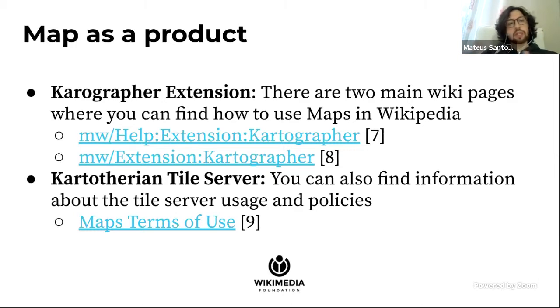But we also have the Kartotherian tile server, which is a product with terms of use, open to third parties. That's basically how we show maps to our community, our customers.